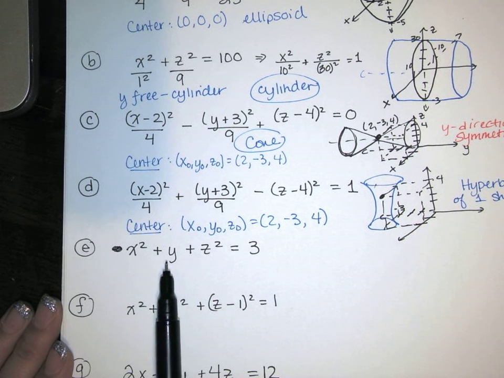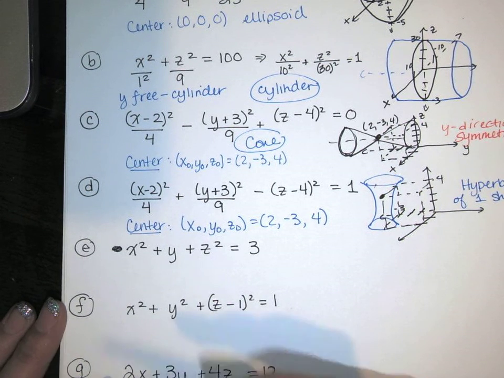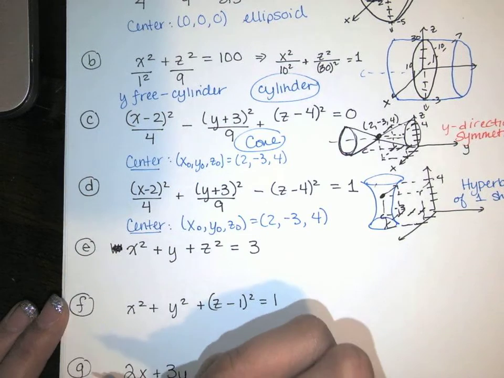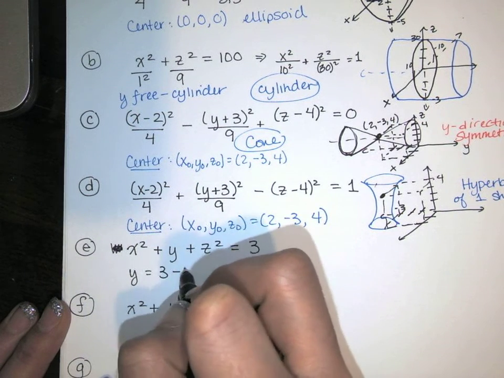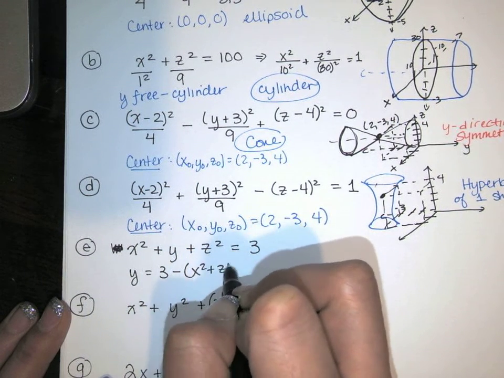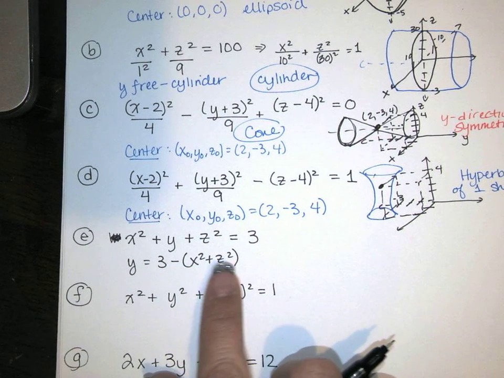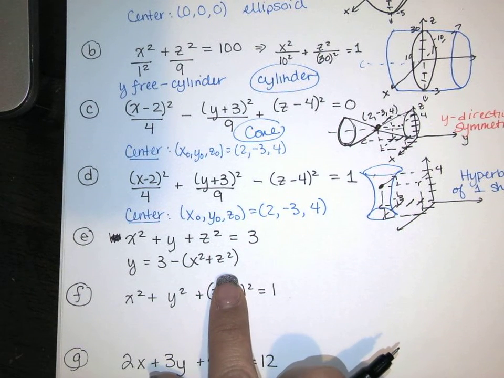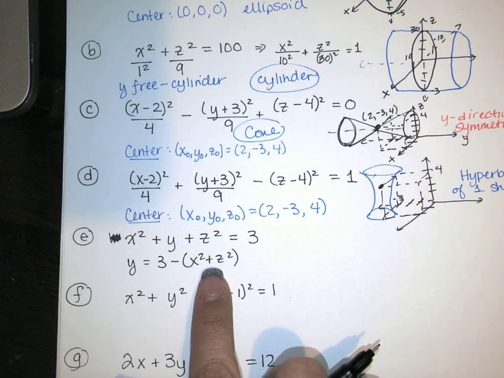So I would solve for y by subtracting x squared and z squared from both sides. And that's nothing. That was something I was trying to get rid of earlier. So I'm subtracting the quantity x squared plus z squared. Notice x squared and z squared have the same sign and they're both negative. Since they have the same sign, this is an elliptic paraboloid.